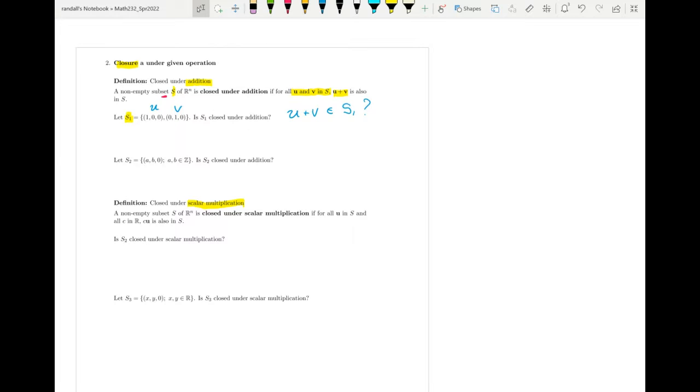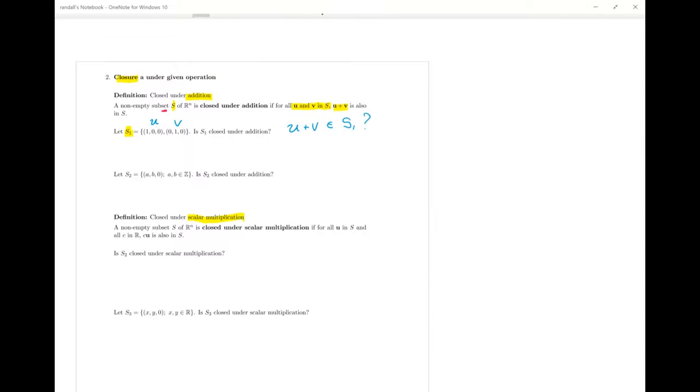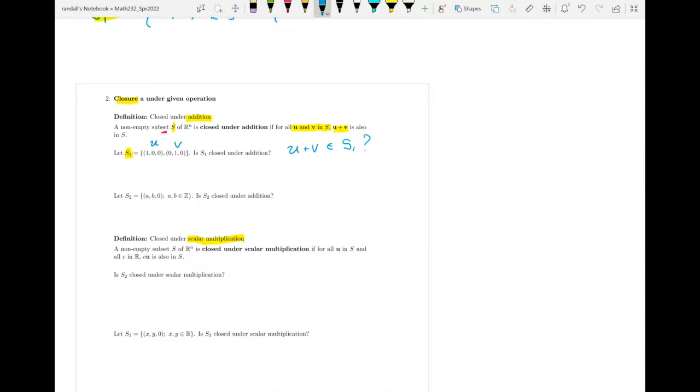So I'm going to add u plus v and check whether that new vector is in the set here. Component-wise, u plus v is going to be (1, 1, 0). So that's what that vector is in R3, and we see that it is not in S1. And so we say that S1 is not closed under addition.